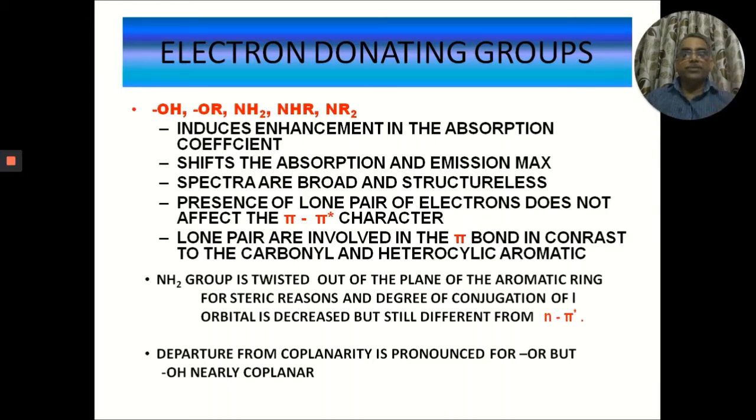And you also have the possibility of an out of plane geometry if you have NH2 groups or NH substituted groups, and if you have steric interaction, you will see that the planarity is lost. These are the general observations you can see when electron donating groups are substituted in organic molecules.